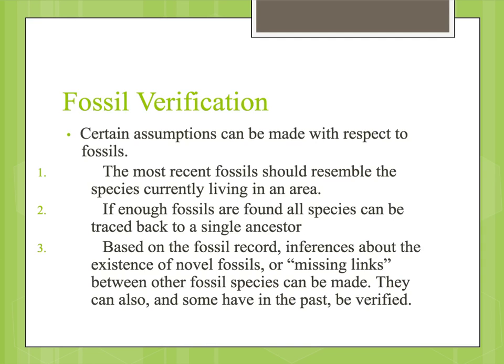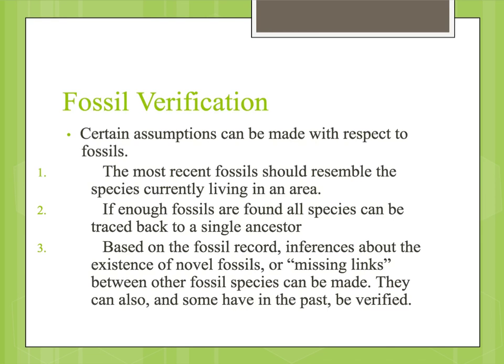Fossil verification. Certain assumptions can be verified about fossils. 1. The most recent fossil should resemble the species currently living in an area. 2. If enough fossils are found, all species can be traced back to a single ancestor. 3.